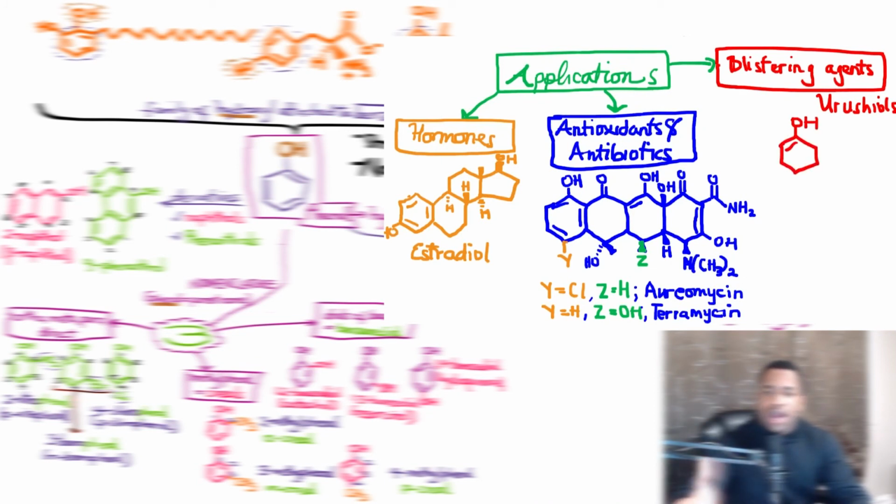It actually has a long alkyl chain which is almost close to 15 carbons. So this is actually known to be found in poison ivy, and it could really be irritating in this particular part right there. But overall, really fascinating to see the applications of these particular phenol groups in nature.